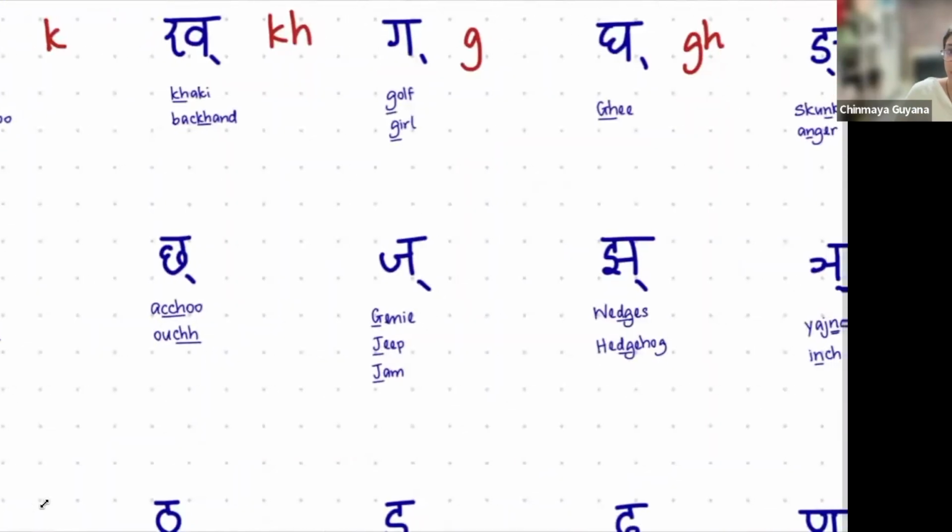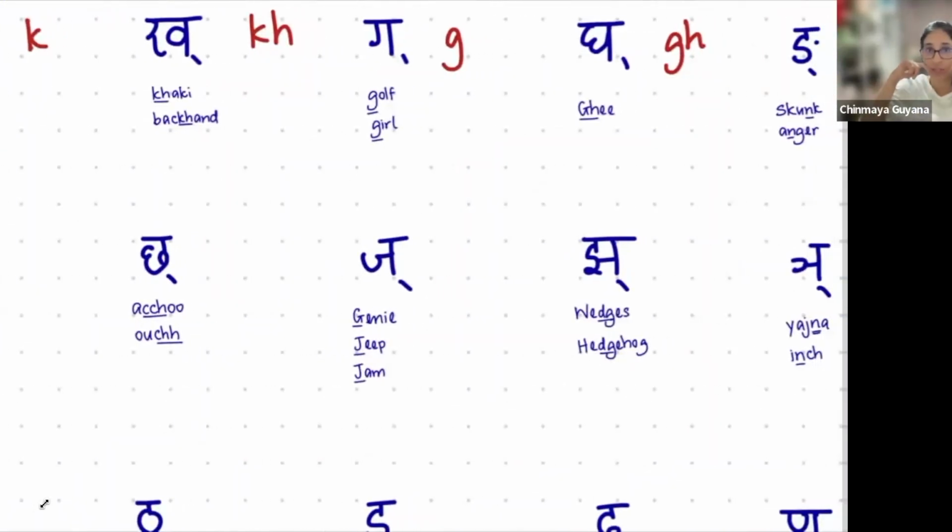Now, cha, chha, ja, jha, nya, your tongue is touching the top side teeth in your mouth. Cha is written as a C. So when you see CA, it's not G, it is J. Chha is written with a CH.